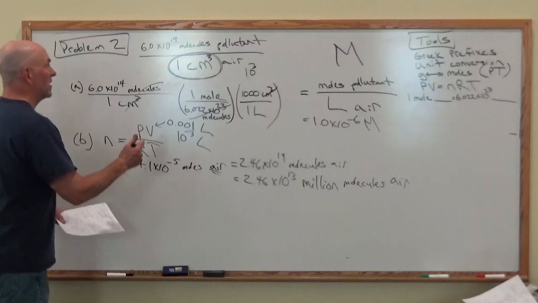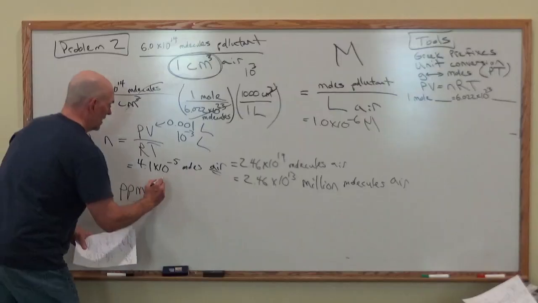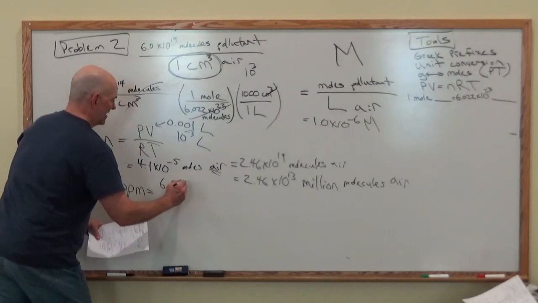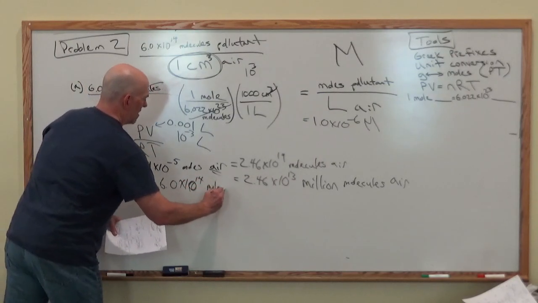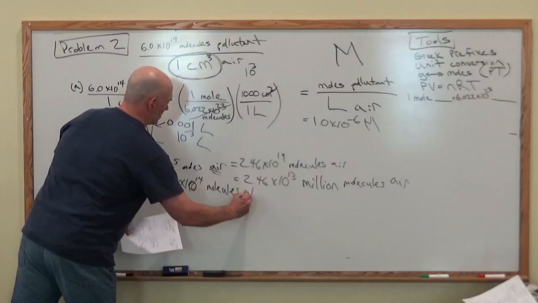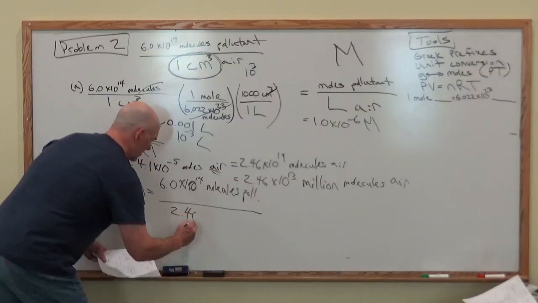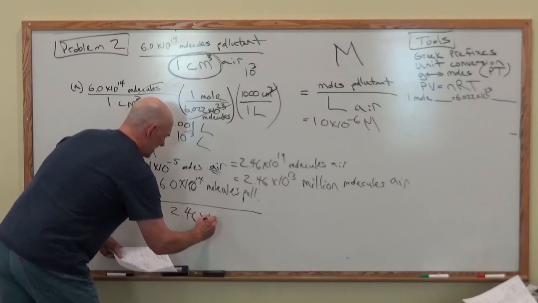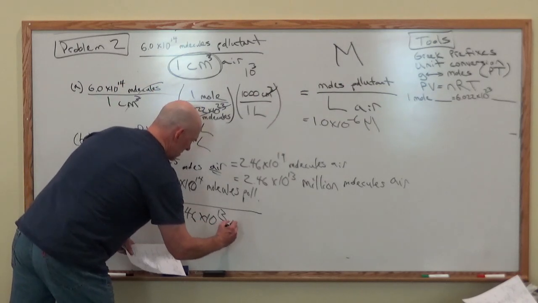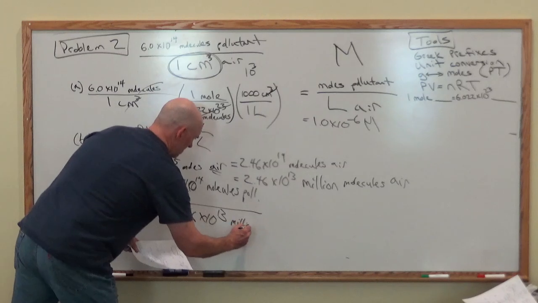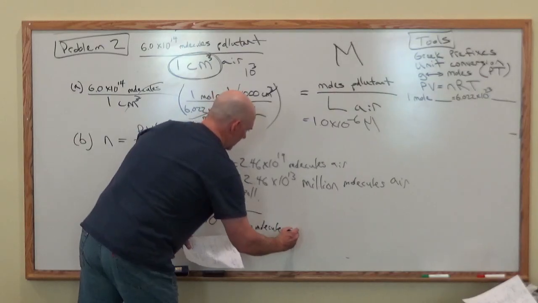So to convert this to parts per million, you have 6.0 times 10 to the 14th molecules of pollutant divided by 2.46 times 10 to the 13th million molecules of air.